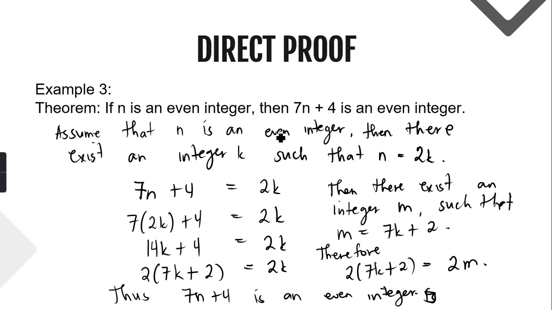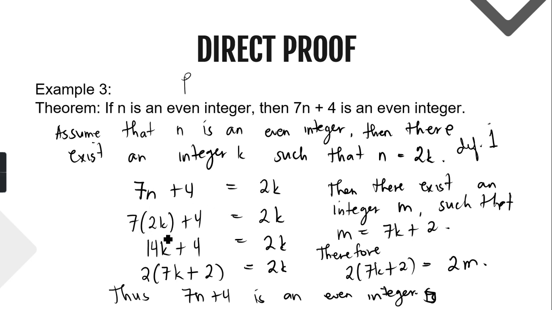Again, I will explain it. If n is an even integer, then 7n plus 4 is an even integer. So, kunin natin this one as our P. We will assume that it is true. So, assume that n is an even integer, then there exists an integer k such that n is equal to 2k. So, base ito sa definition number 1. So, 7n plus 4, and then, palitan lang natin si n ng 2k.